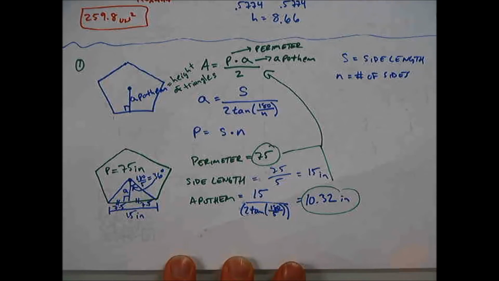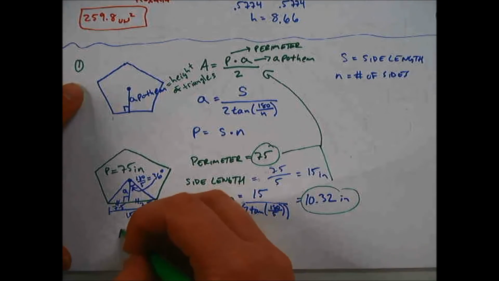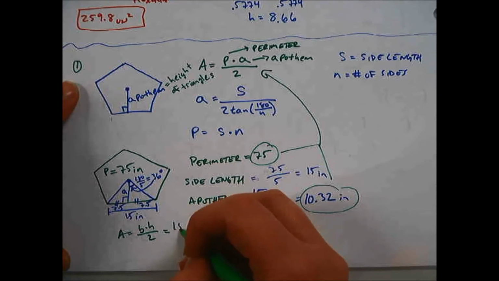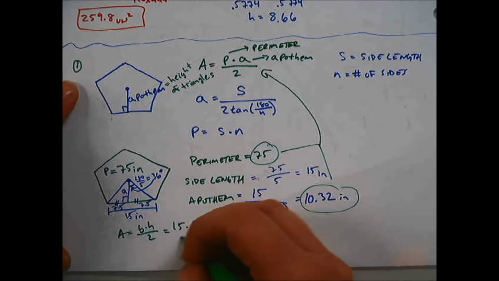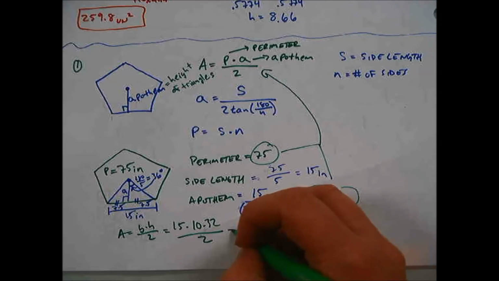So I'm going to do it the triangle way first. So we could take the side length, that's the base. So 15 times the apothem, because that's the height, divided by 2. So 15 times 10.32 divided by 2, which is 77.4.